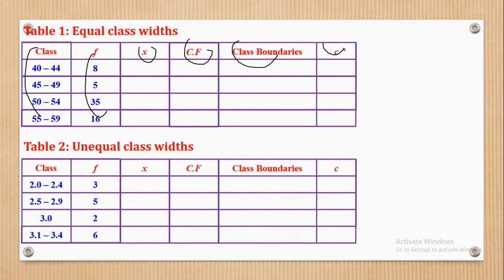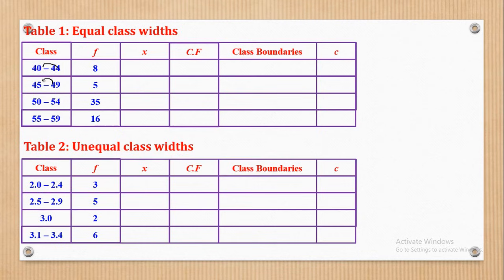By the end of all these tables, you must have realized how to get all these parameters. So let's start with table 1, which has equal class widths. Here, from here to here, this minus this, if you subtract, you will get 4.